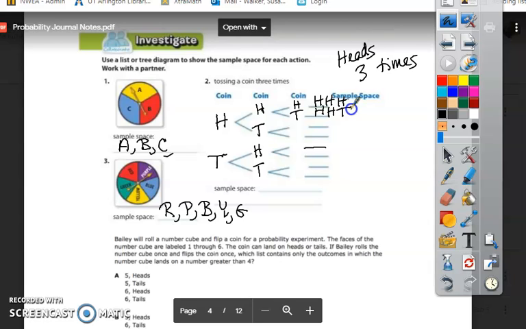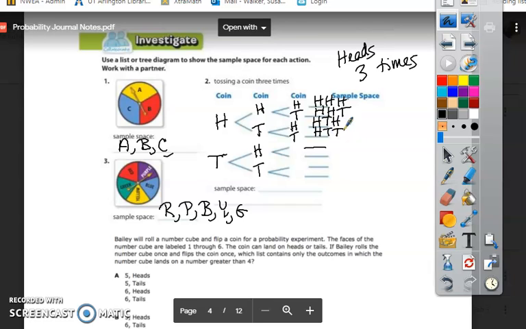And then on this one, I could start with the heads, then get a tails, but the next one I could get a heads or a tails, right? Each time it's like continuing. So heads, tails, heads, heads, tails, tails.